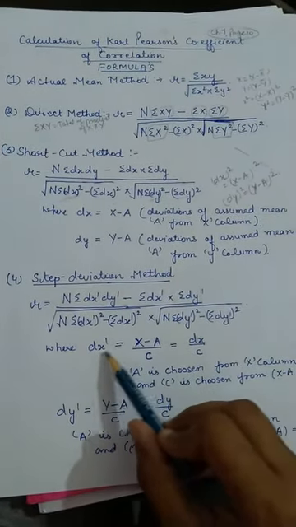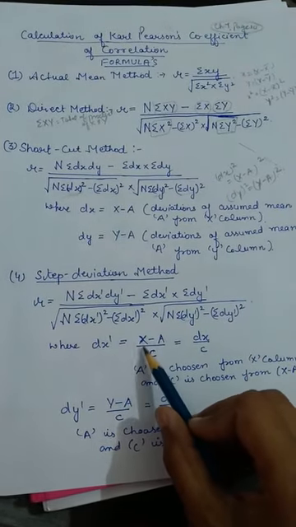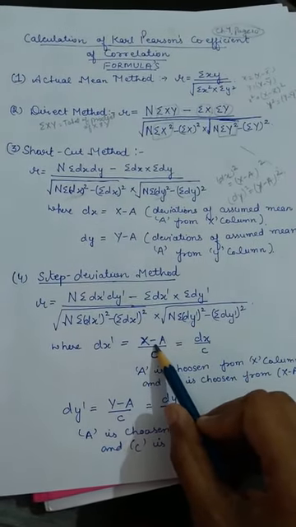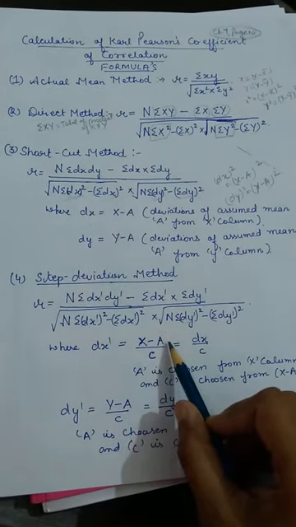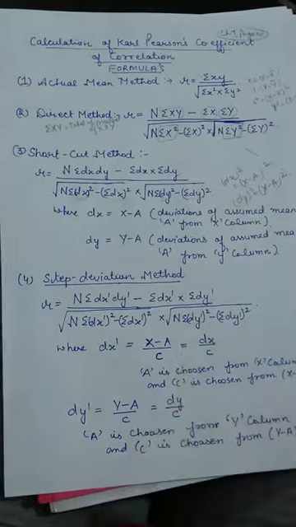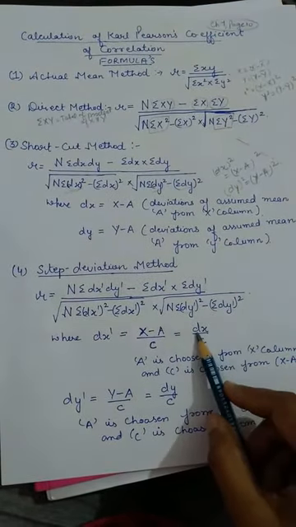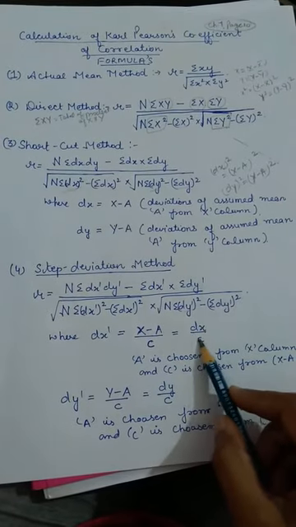And what is your dx dash here beta? It is x minus a upon c, that is your dx upon c.